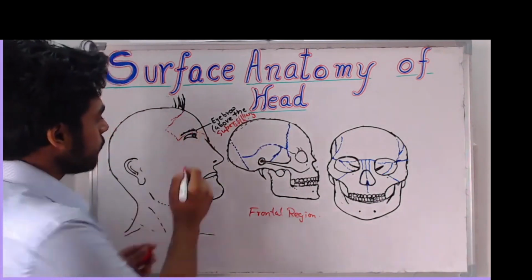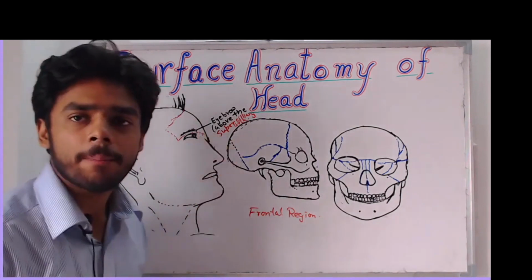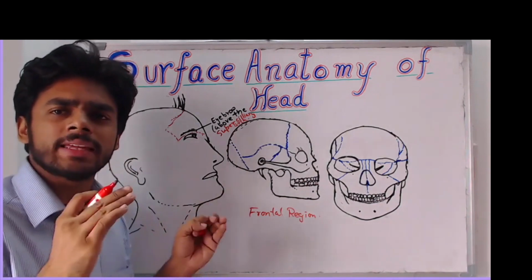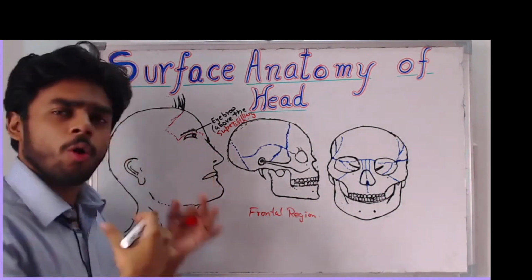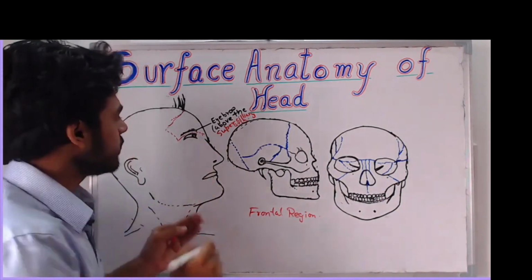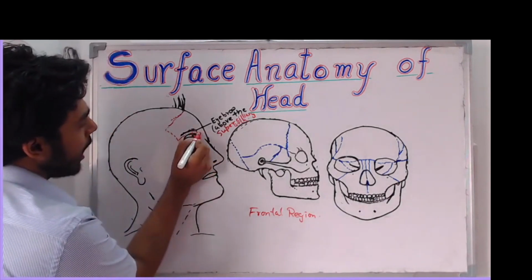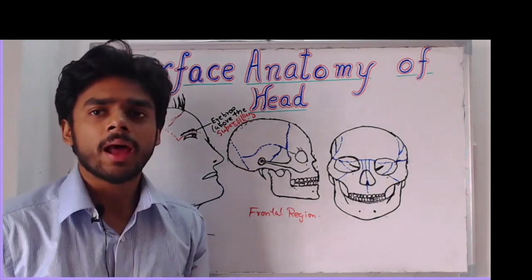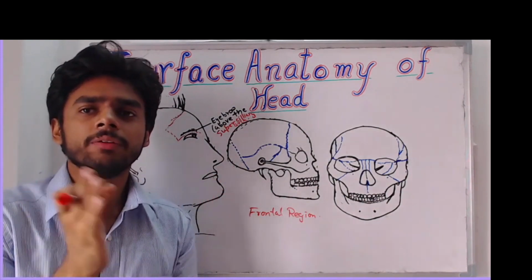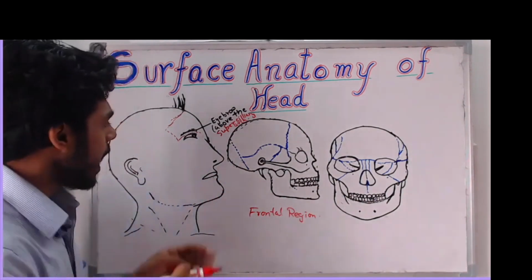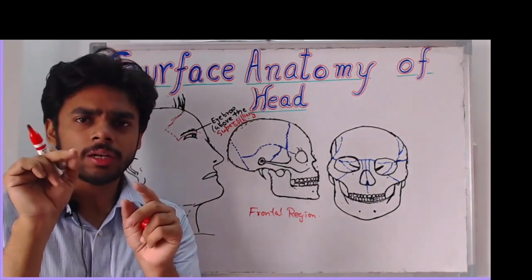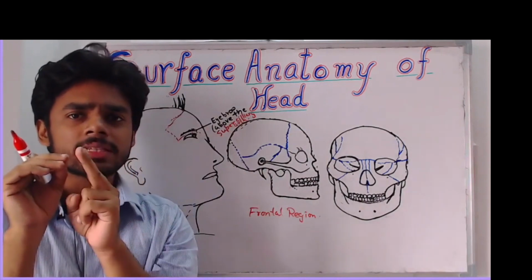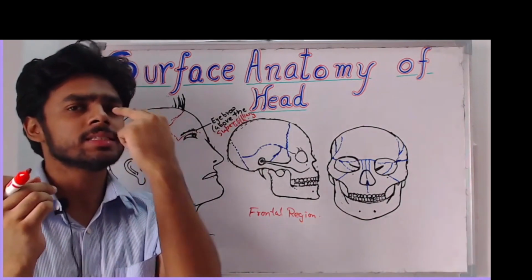And one more structure is present, which is glabella. Glabella is a smooth elevated area between the eyebrows and it is mostly the non-hairy part, but it can be hairy also. Here in the center region, it is the glabella. When you touch this glabella, the pineal gland lies 7 centimeter behind the glabella, that is inside the glabella.